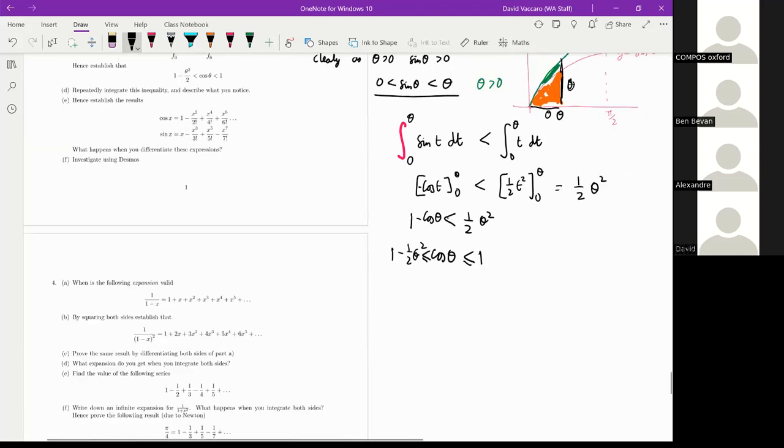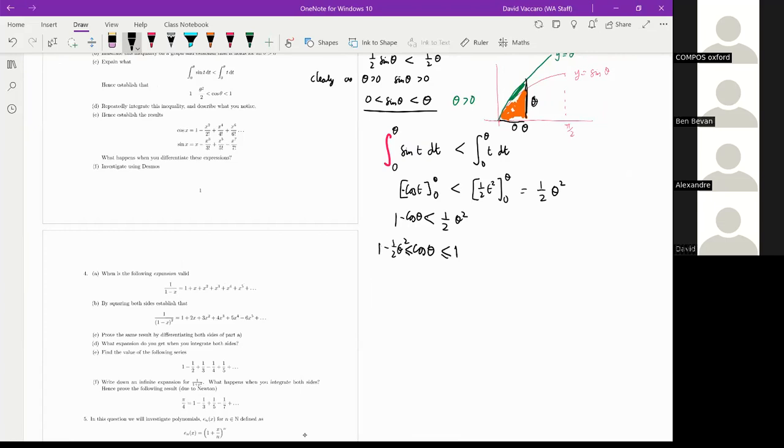So what have I done? I've integrated this inequality, which was an inequality involving sine, and I've now got an inequality involving cosine theta.